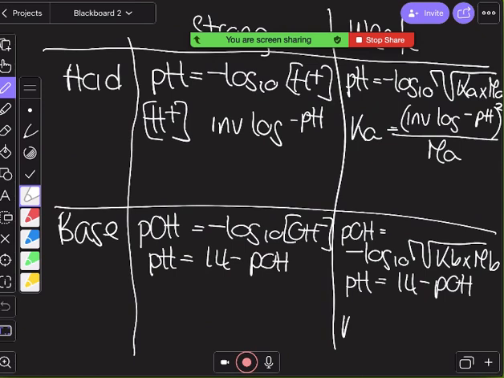And if they decided to ask you for a Kb, it would be the inverse log of minus pOH, so that's squared again over Mb. So there are your equations. You need to be able to know them and to use them.